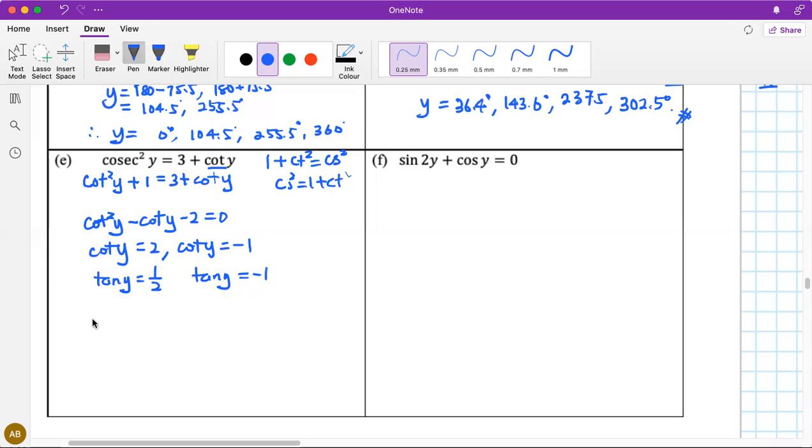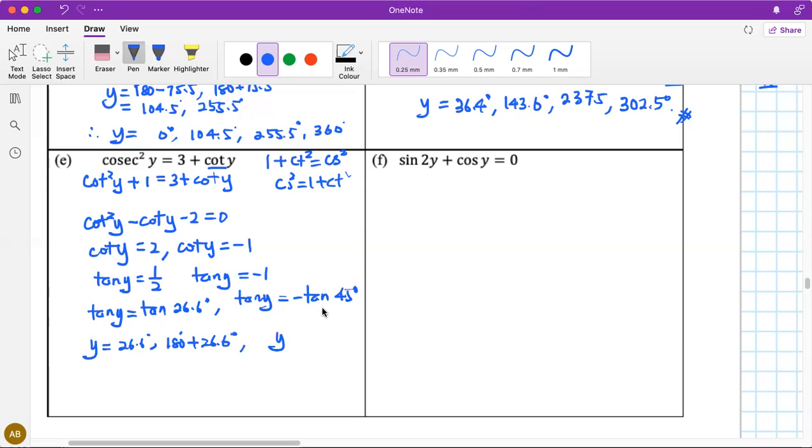So what is y? Tangent y is positive 1 over 2, so y is 26.6 degree, and tangent y is negative 1, special angle 45 degree. Now I can find my y. Tangent positive will be in quadrant 1 and 3, so it's 26.6 degree and 180 plus 26.6 degree.